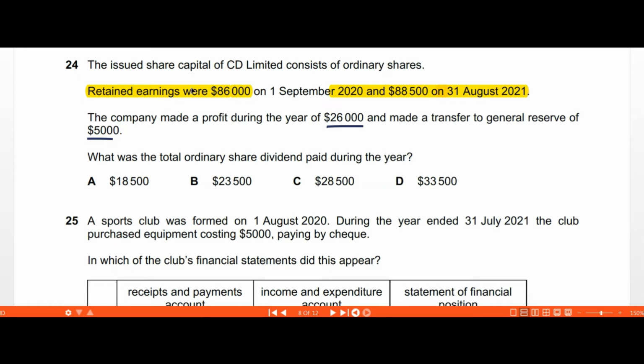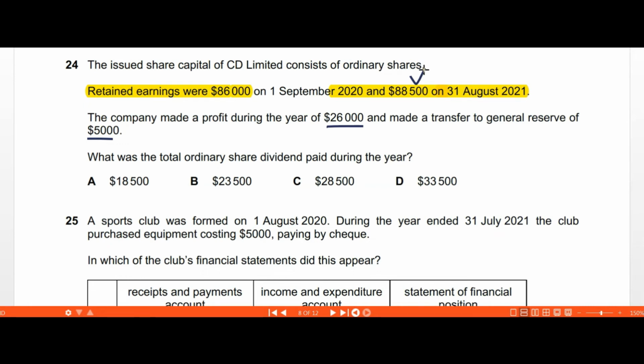So at the start of the year they had 86,000. During the year they made a profit of 26,000. So if we simply add up 86,000 plus 26,000, that gives us a value of 112,000, and from that they have transferred 5,000 to the reserve, and at the end they are only left with 88,500.